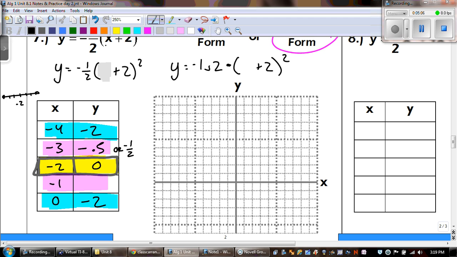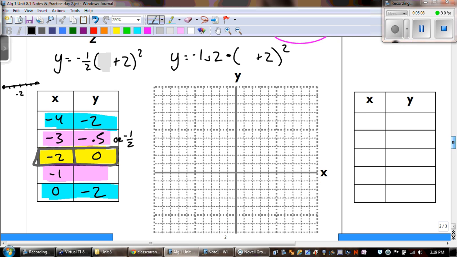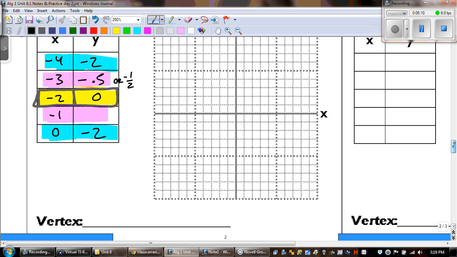All right, so let's go ahead and start graphing this. I'm going to start with my vertex, which is, oh, I forgot to fill that 1 point in. So negative 0.5. Our vertex is negative 2, 0. And then I'm at negative 3.5 and negative 1.5.